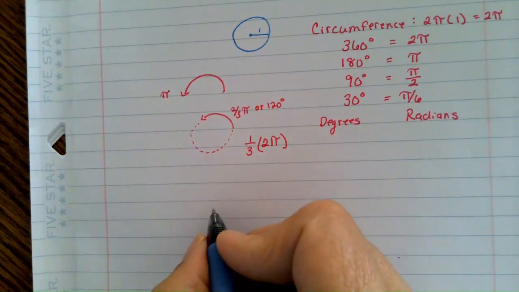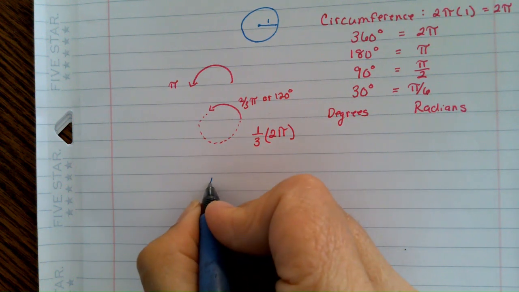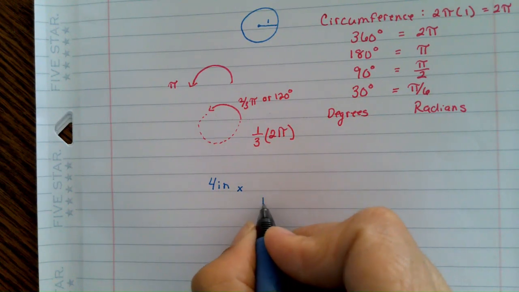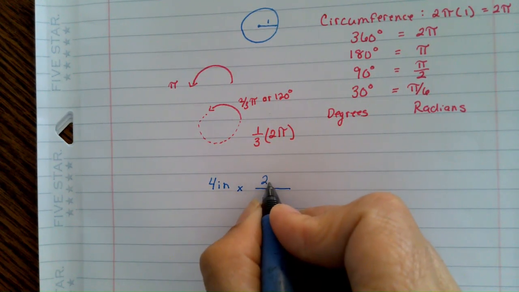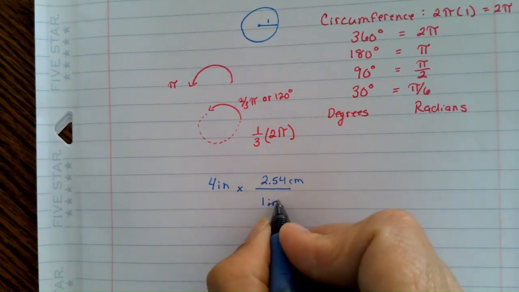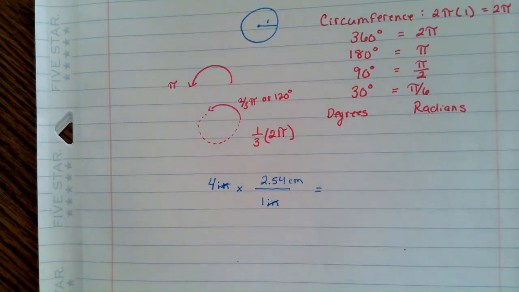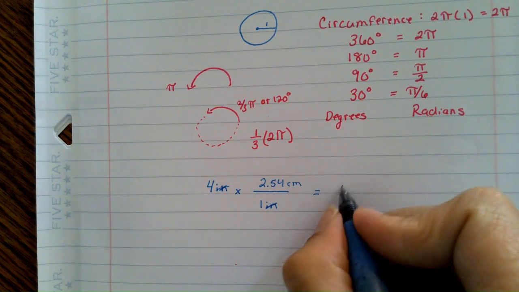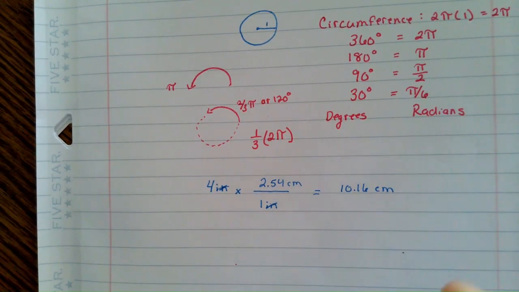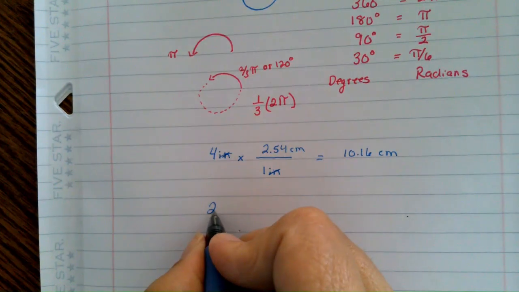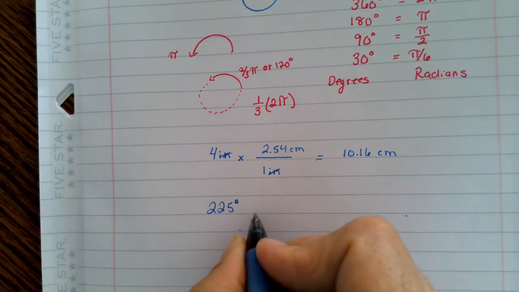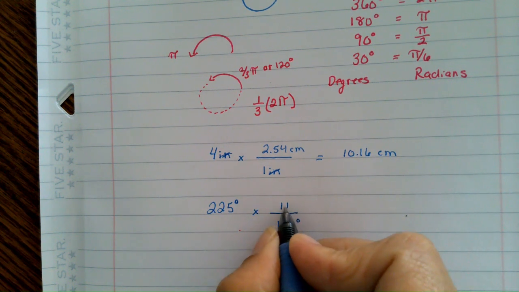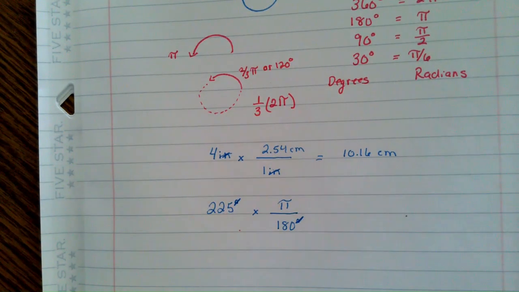Okay? So if you recall, let's say you needed to go from inches to centimeters. So you would say 1 inch is 2.54 centimeters. The inch label cancels out. And you would do 4 times 2.54, and you would get 10.16 centimeters. The same thing we can do here is 225 degrees. 180 degrees is 1 pi, so that the degree label will cancel out.